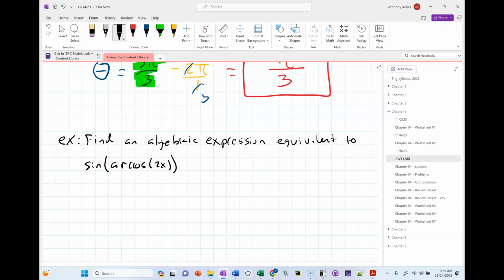Okay. Our directions here say find an algebraic expression equivalent to sine of arc cosine of 2x. When we say algebraic expression, what do we mean there?